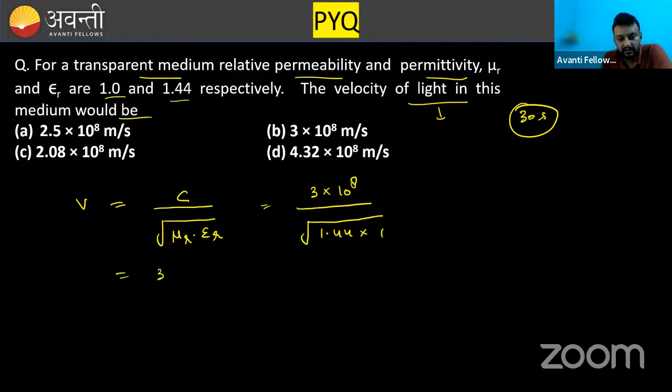That is 3 into 10 raised to the power 8 divided by 1.2. 12 into 12 is 144, with 2 decimal points, that is 1.2. Now, if I divide it, it is 2.5 into 10 raised to the power 8 meter per second.